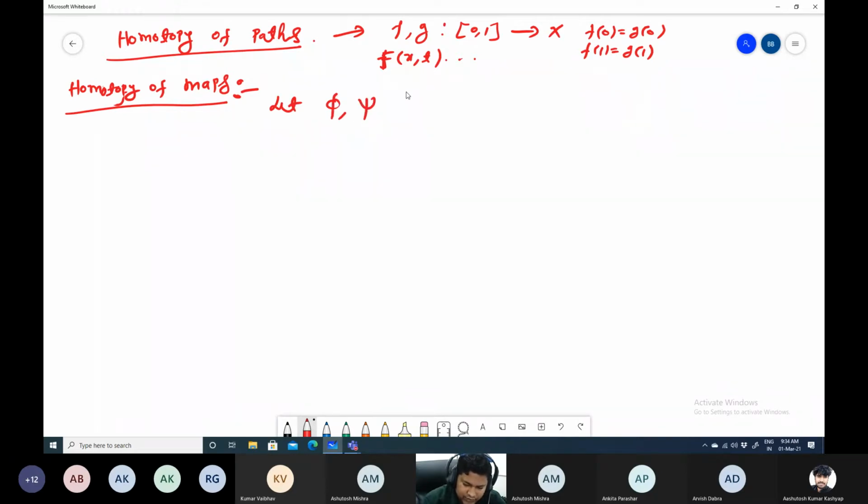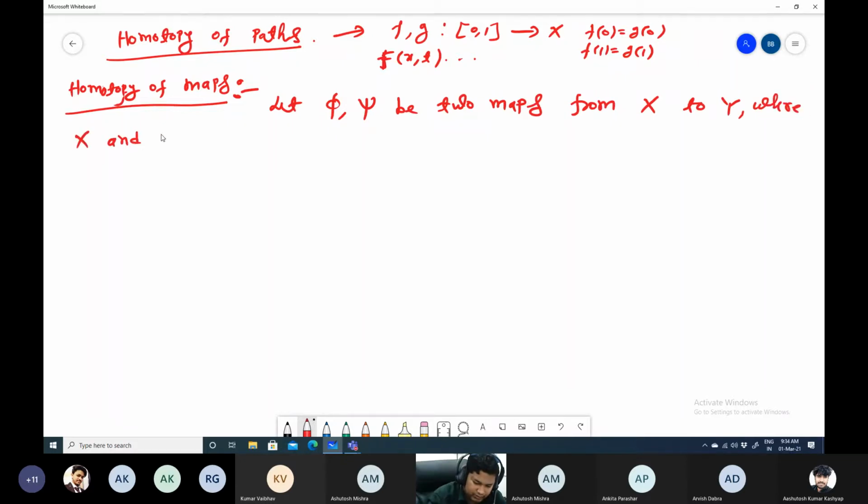Let phi and psi be two maps from x to y, where x and y are some topological spaces.